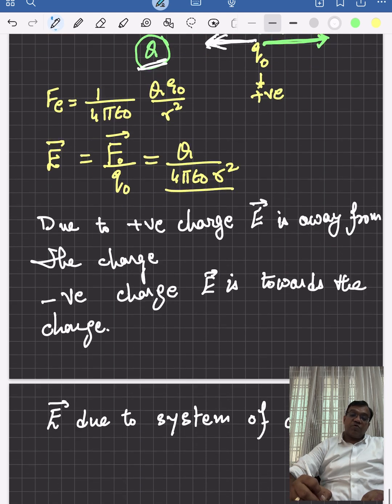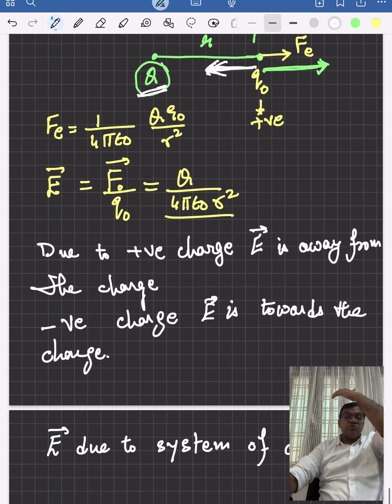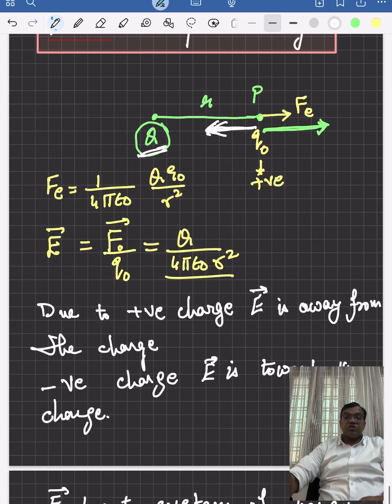Remember, it is an important conceptual point. So due to the positive charge, the electric field is away, and due to the negative charge, the electric field is towards the charge, right?